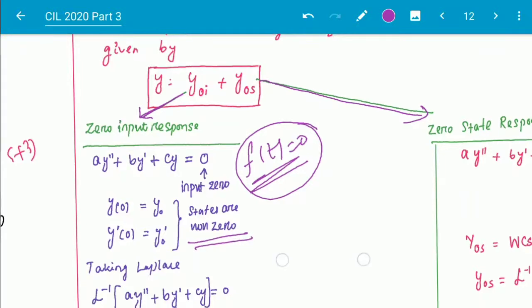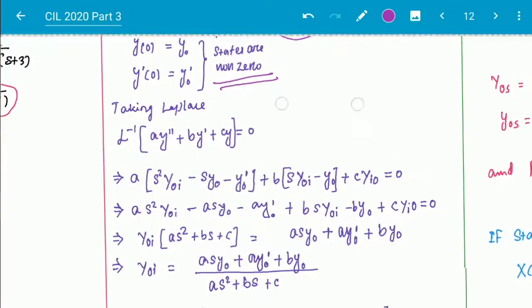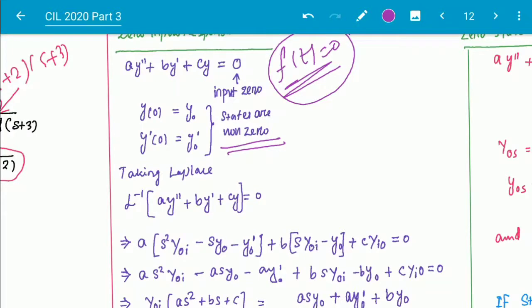And if we solve this by taking the Laplace transform of the previous equation, as there are non-zero initial values or state values, the Laplace transform of y double prime will be s squared times the Laplace transform of y, and so on. This is the zero input part and this will be the whole term.